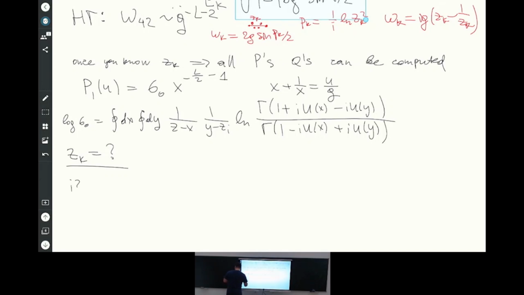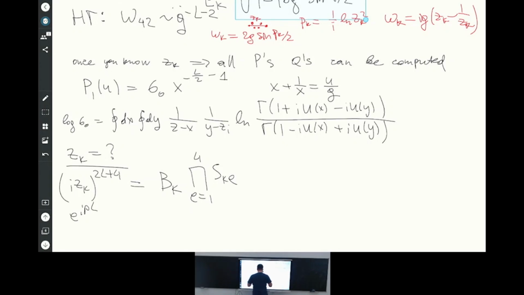That's the equation which is very reminiscent of the Bethe ansatz. So let me write the last formula, hopefully, which is a bit long. This is like e to the i pi l in the normal Bethe ansatz, and the right-hand side contains something like a scattering matrix, which we bootstrapped by this procedure. So it contains this part, which is the analog of the Beisert-Eden-Staudacher, but in this special case.